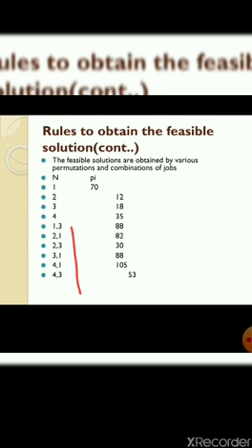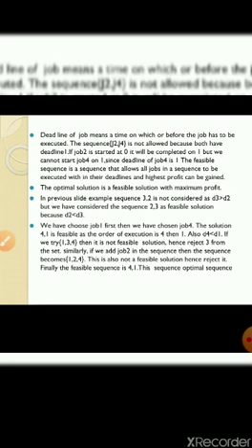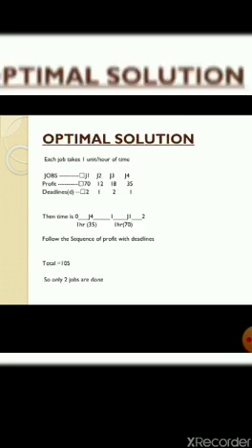But we have considered the sequence 2 3 as a feasible solution because D2 is less than D3.